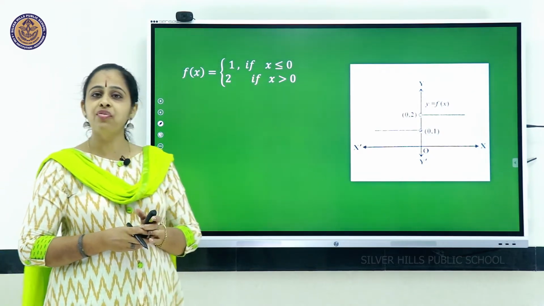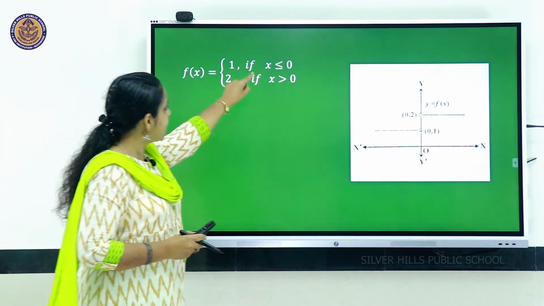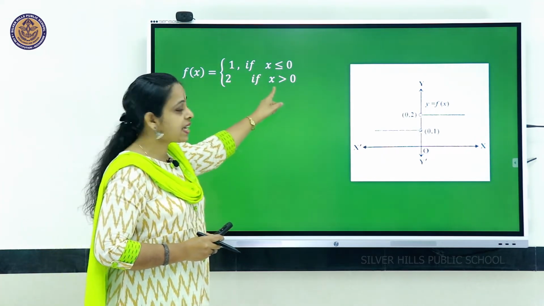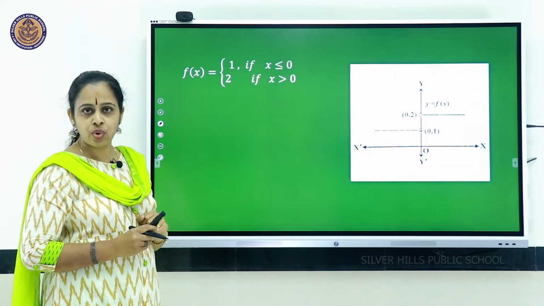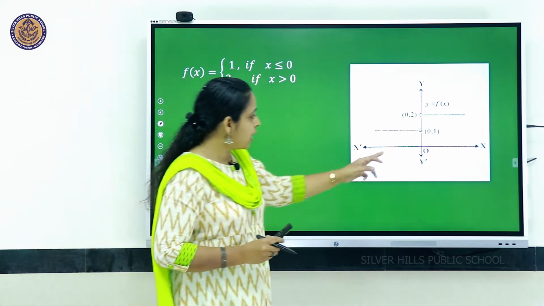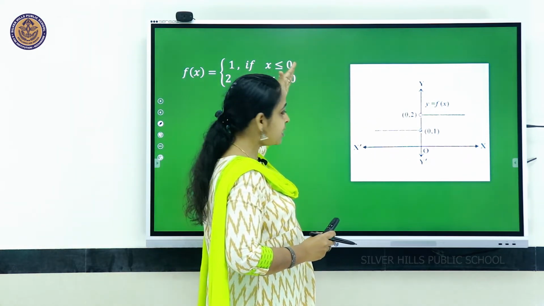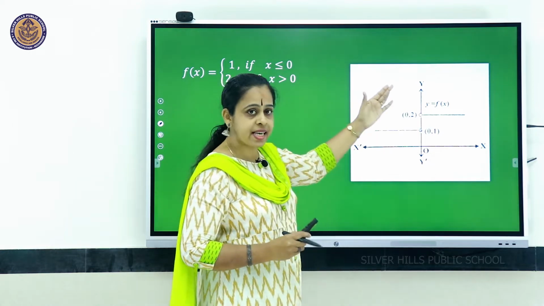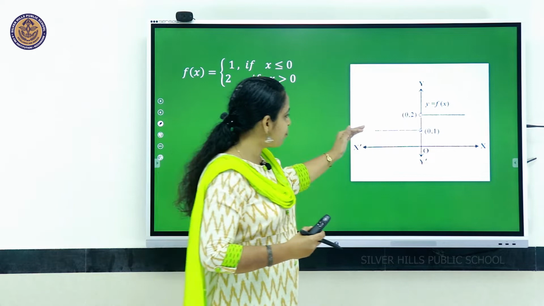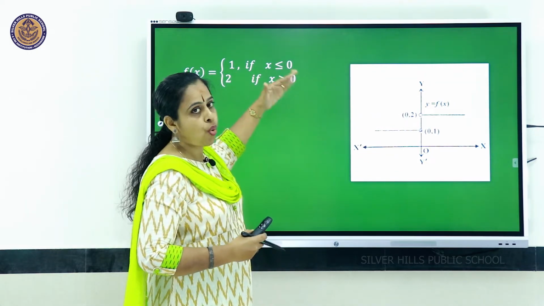Here we can see a function f of x equal to 1 if x is less than or equal to 0, equal to 2 if x is greater than 0. Let me come to the graph to make it more clear. At the point 0 and less than 0, when x takes the value 0 and behind it, the function is having a common nature. What is the value? 1.